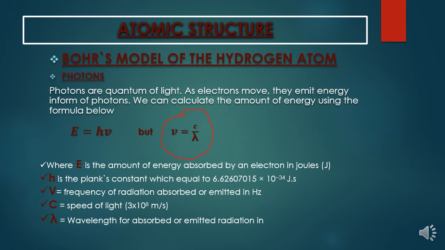So to conclude, we can say that if we replace this v, the frequency, with c over lambda, we are going to have energy is equal to the Planck's constant times the speed of light divided by the wavelength.